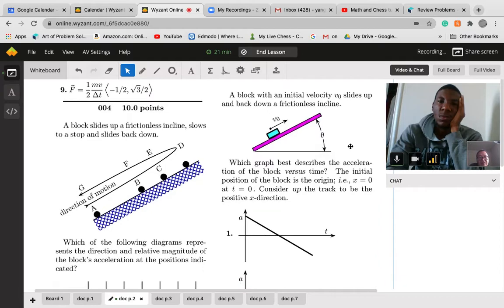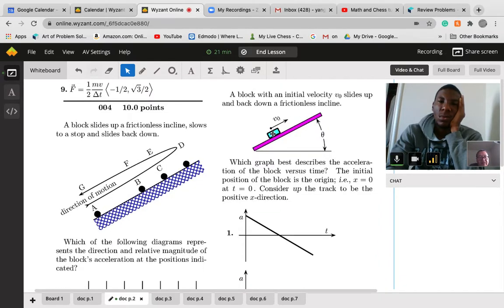Okay. So for this problem, they tell you to consider this block with initial velocity v0 going up, then back down a frictionless incline. Which graph best describes the acceleration? Still consider the acceleration of the block versus time.